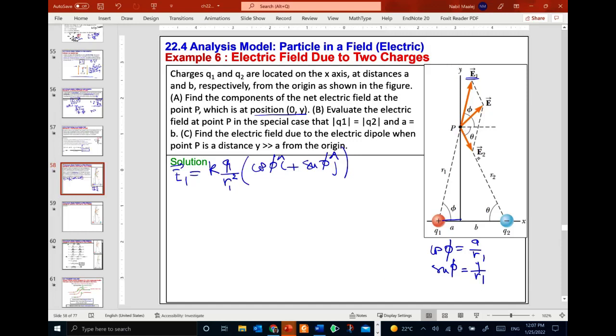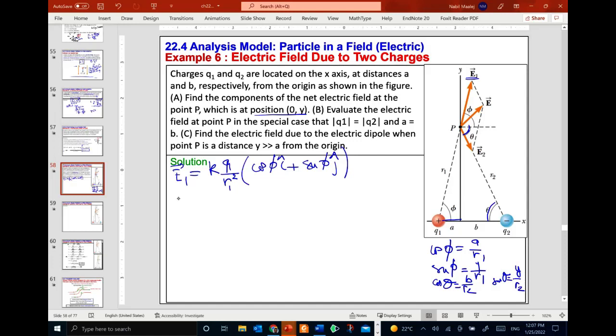Notice for E2, the electric field is pointing towards the negative charge. The source charge is negative, so the electric field is pointing towards it. So this is the angle theta, and it happens to be the same as this angle. So we can write cosine theta is B divided by R2, and sine theta is equal to y divided by R2.